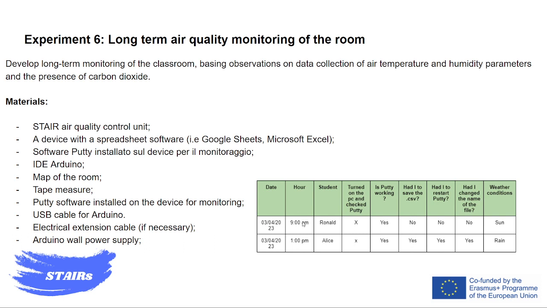As you see, you could put the hour of measurement, the weather condition, which student did it, if they turned on the PC and checked PuTTY, if it's working, and if they had to save on CSV. In the technical toolkit you will see the step-by-step procedure to save your data in .CSV extension.